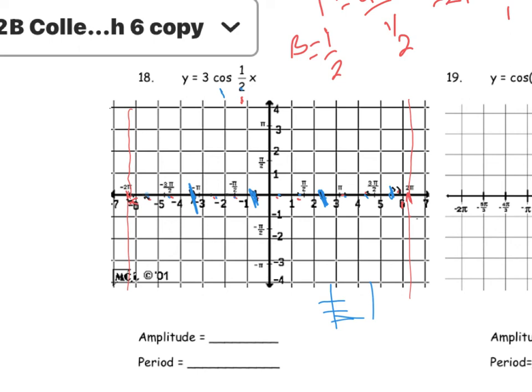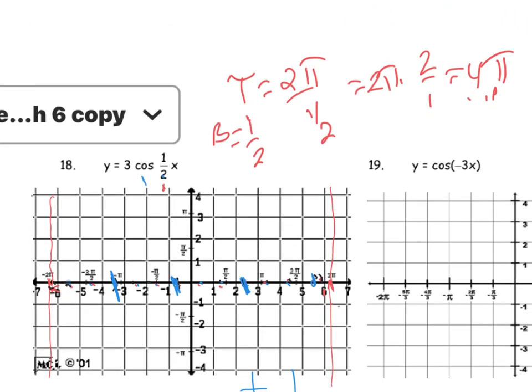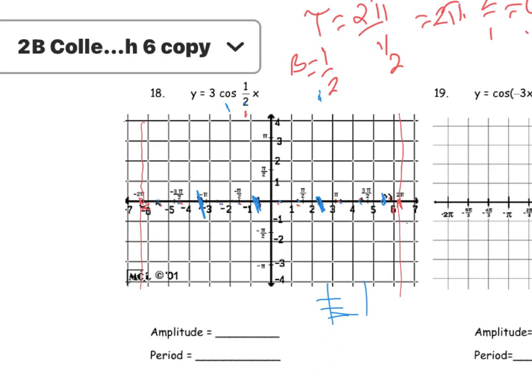And with B being a half, that means in 2 pi I only get half the curve. Watch this. I start high, I come down, and I go to the bottom. Then it comes back. I'm not even drawing.